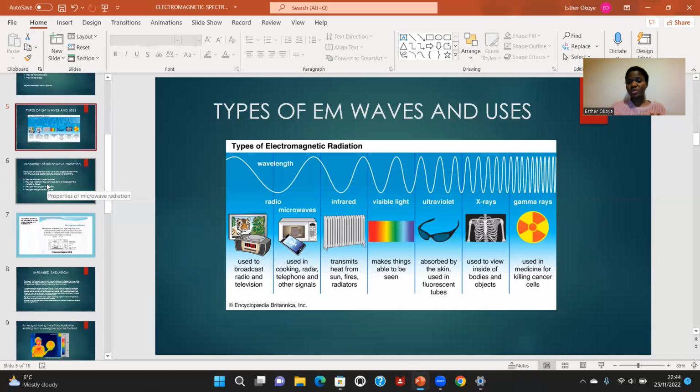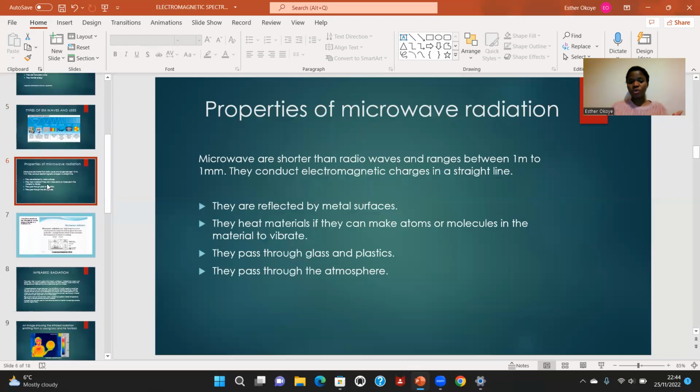So we're going now to microwaves. What are microwaves? Microwaves are shorter than radio waves, the next in line after radio waves, and range between 1 meter and 1 millimeter in wavelength. They conduct electromagnetic charges in a straight line, so they don't like interference.